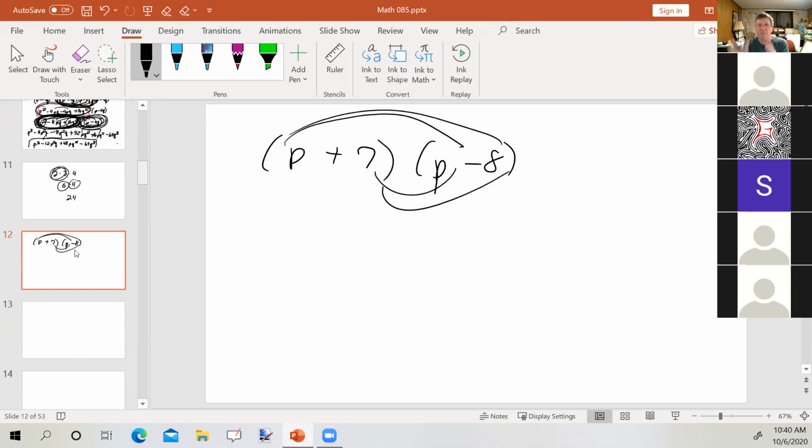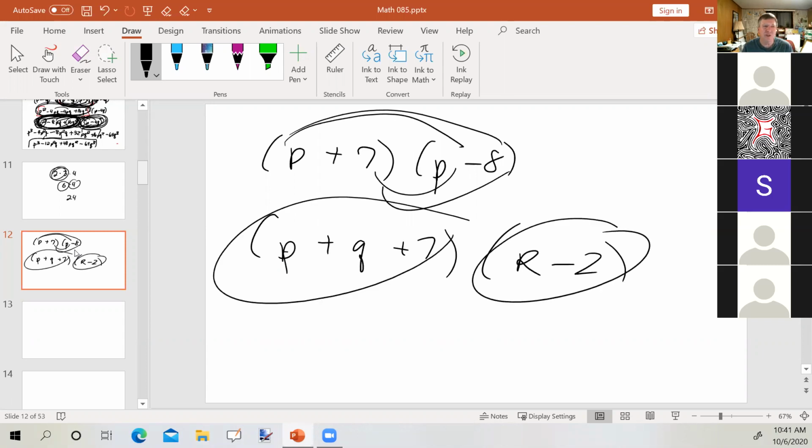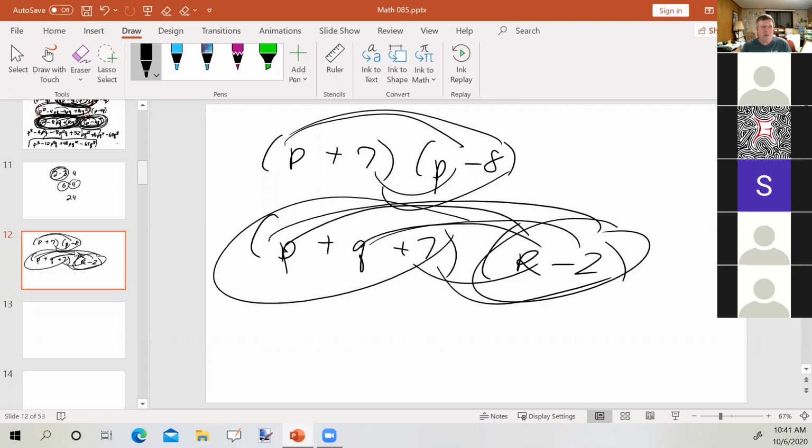So if you're multiplying a binomial times a binomial, you're using FOIL. But what if you've got a trinomial times a binomial? You're still using this idea of taking everything from the first one times everything in the second one, but it's no longer FOIL because now there's 6 products instead of 4.